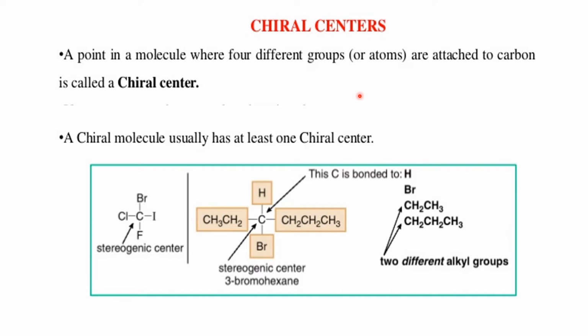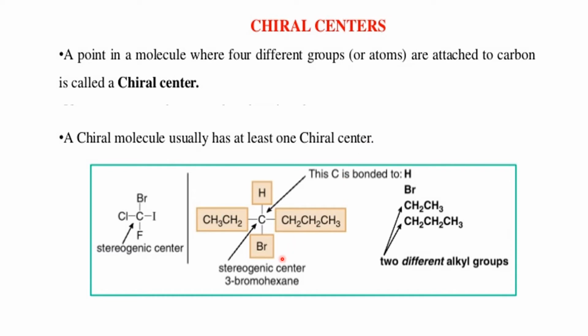So if in any molecule there is a carbon atom with four different groups or groups of atoms attached, it is a chiral center. And a chiral molecule usually should have a minimum of one chiral center. If the molecule has a chiral center, it will be an optically active compound.